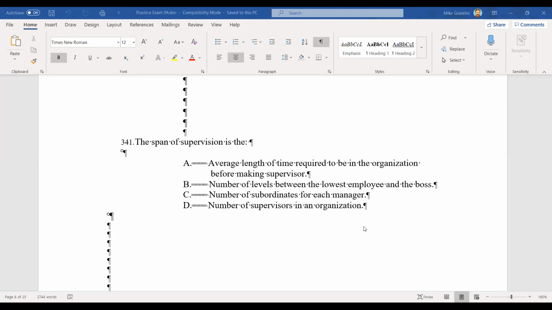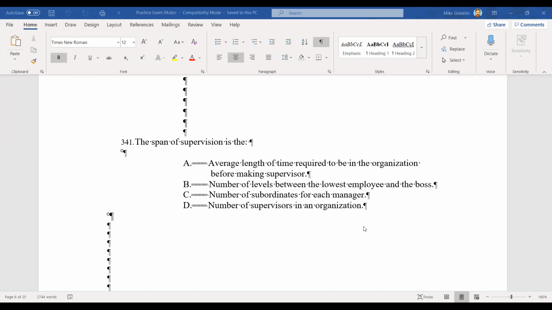The span of supervision is the... Thoughts on that one? So the correct answer on that one is C.